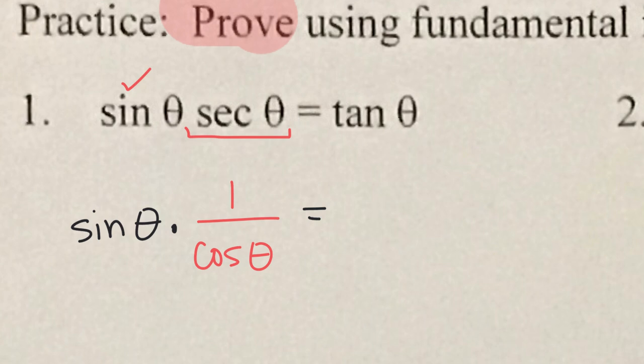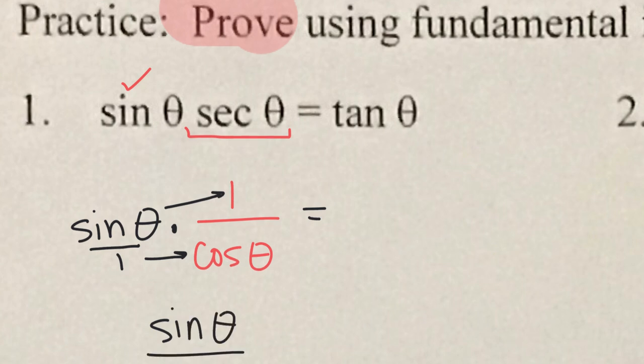So now we have the sine times a fraction. If you want to do fractional multiplication, we do top times top and bottom times bottom. So sine times 1 is just sine, and 1 times cosine is just cosine.